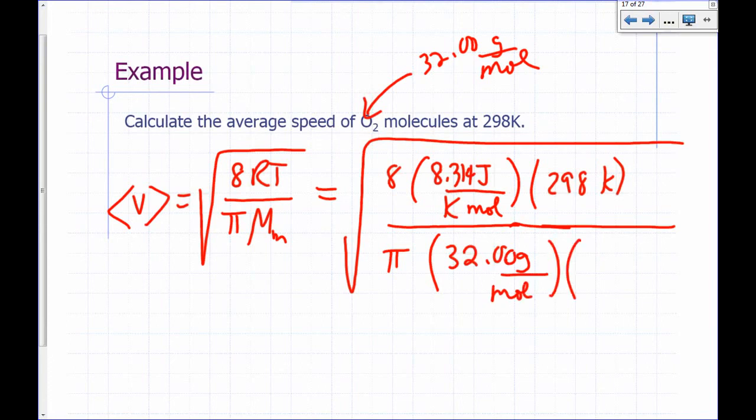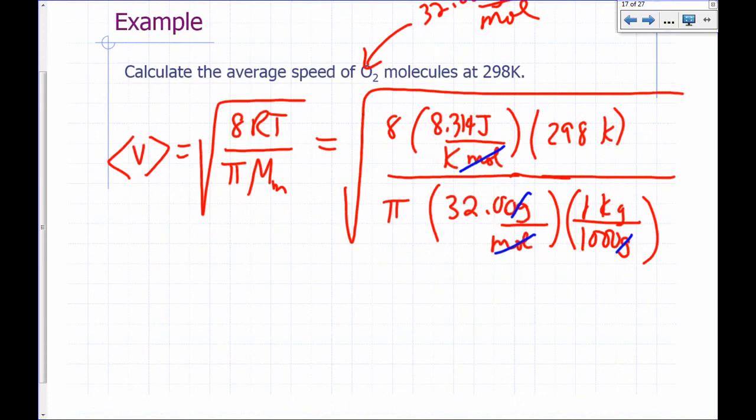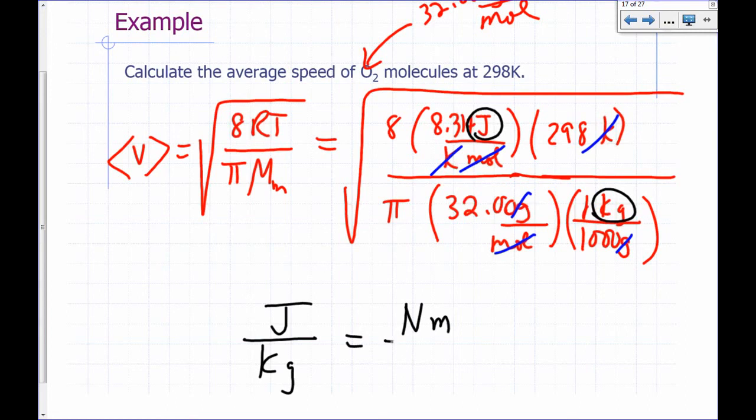But you have to change your grams to kilograms, so there's 1 kilogram in 1,000 grams. So grams cancels out. Moles cancel out. Kelvin cancels out. So what's the remaining unit? The remaining unit inside your square root sign is joules per kilogram. What's a joule per kilogram? A joule is a Newton meter, right?